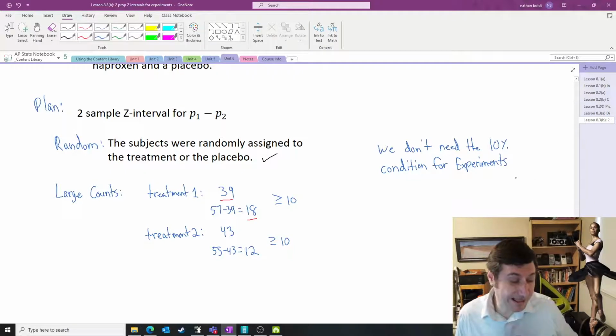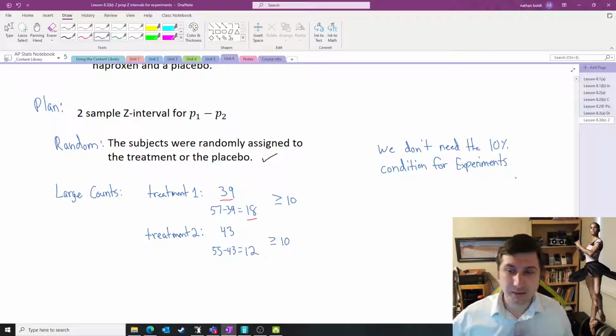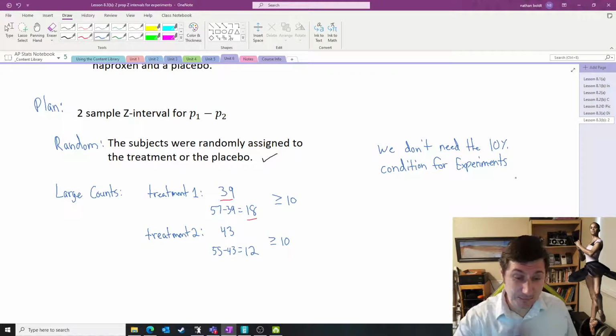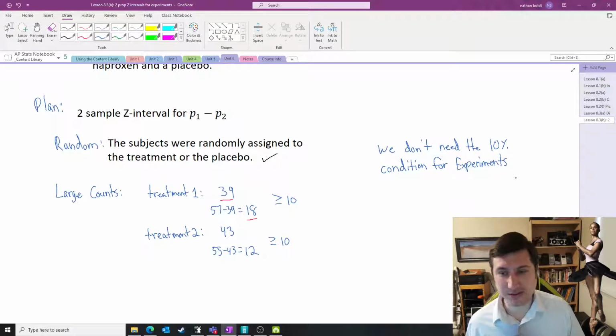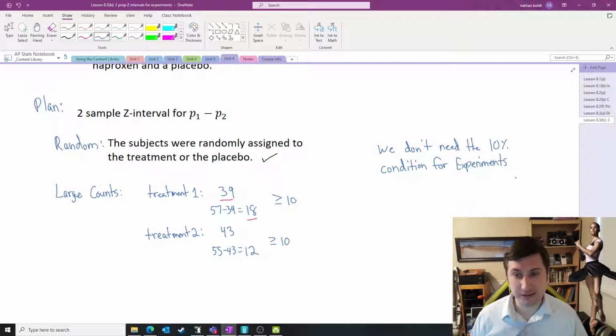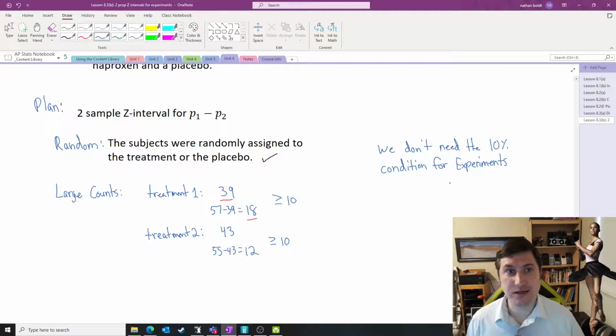If you remember, the 10% condition was there because oftentimes when we sample without replacement, technically that messes up probabilities. That messes up the binomial, which all this is based off of. But we're not sampling here. So we don't have to make sure that we are sampling less than 10% of the population because we're not taking any samples. We are not randomly drawing people from the population. So we don't need the 10% condition to assume independence or anything like that.